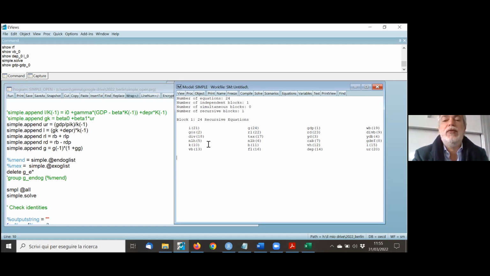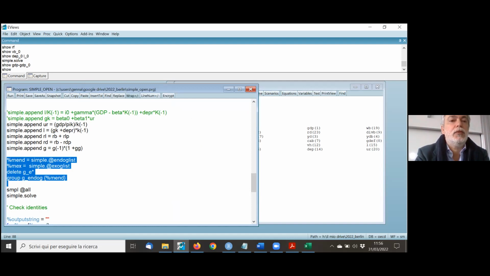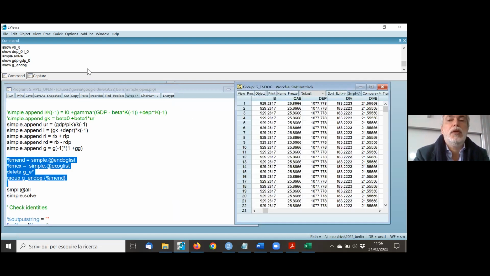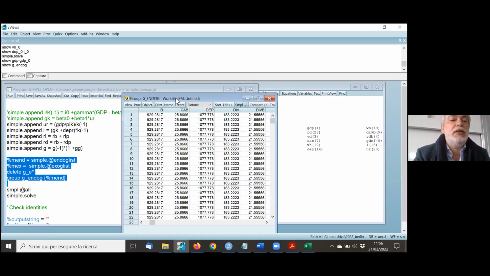I'm not sure we have time to do this, but basically another thing that I could do is to take the list of exogenous and put them in a spreadsheet according to their order.